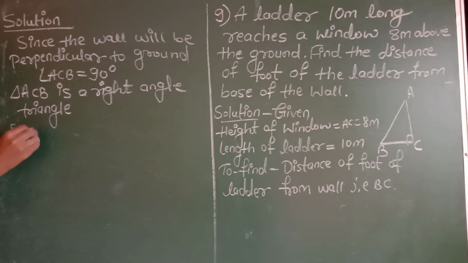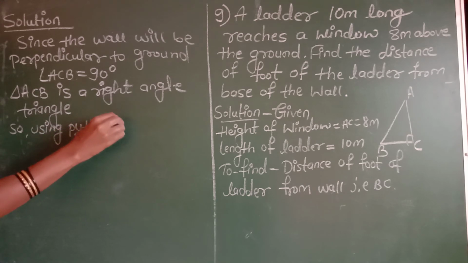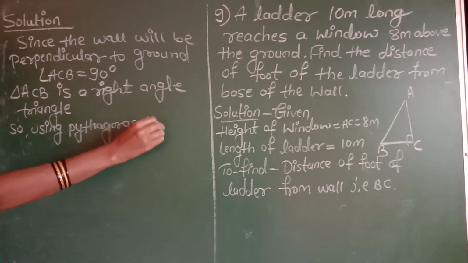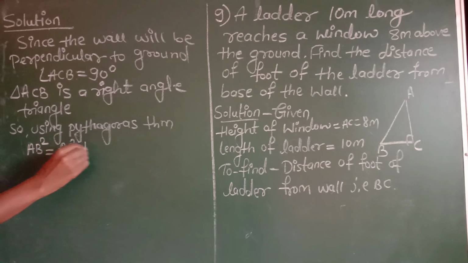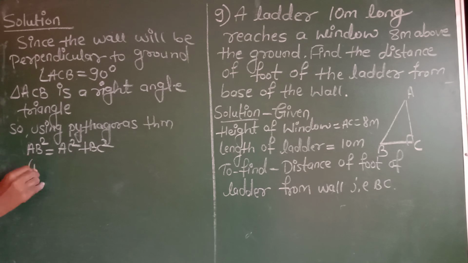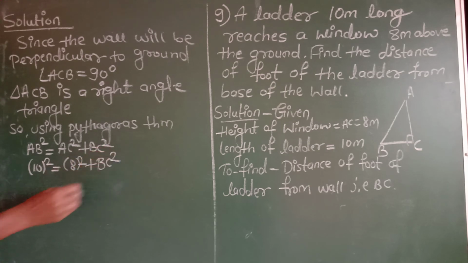So, using the Pythagoras theorem, we can write AB square is equal to AC square plus BC square. Here AB is the ladder, so 10 square is equal to 8 square plus BC square. 10 square is 100, 8 square is 64.